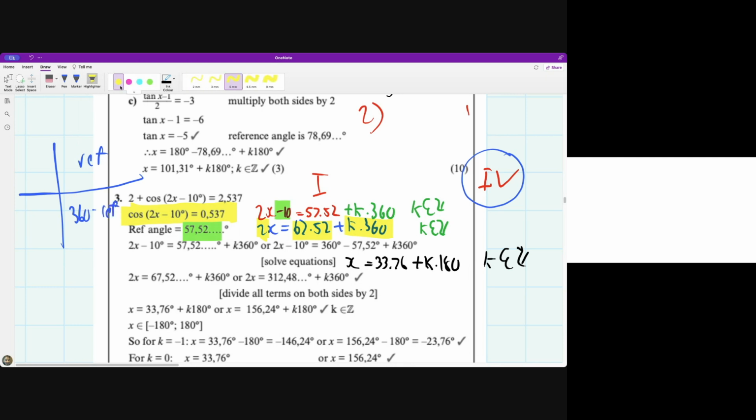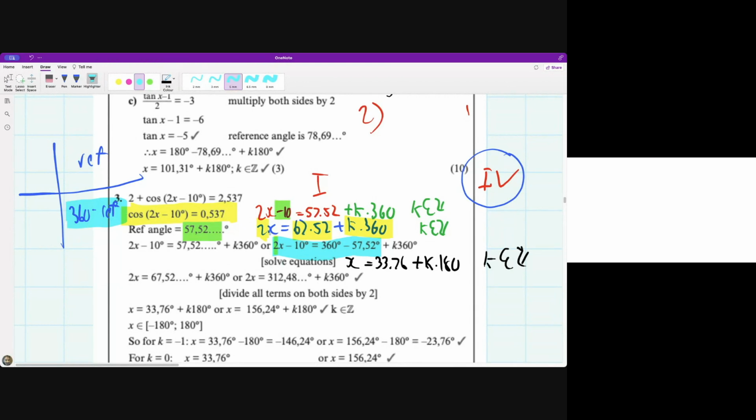So let's have a quick look at where the 4th quadrant solution would be. All right, what you notice is that if you go 2x minus 10, let me use a different color. Do you notice I go 360 minus the reference angle in blue? Now, notice how in quadrant 4, my solutions have the form 360 minus the reference angle.